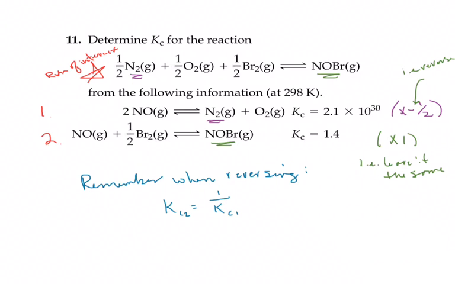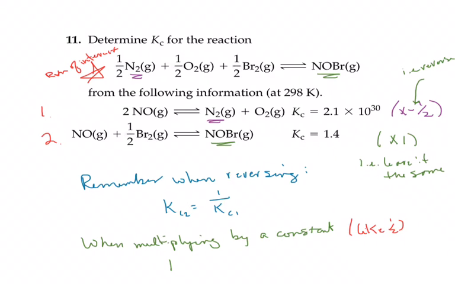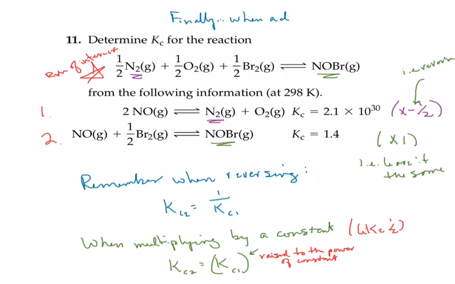When you multiply, you raise it to the power. And last but not least, when you add reactions, Kc1 plus Kc2 to get your reaction of interest, then you multiply the Ks. It's a lot to remember, but your problem, not mine.